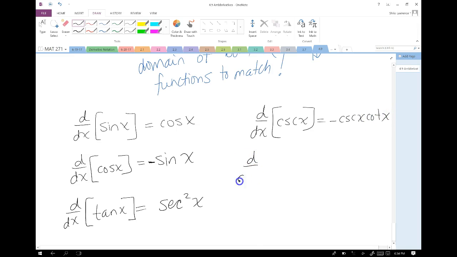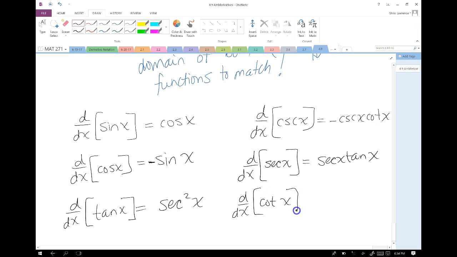The derivative for secant is secant x tangent x. And then the derivative for cotangent x is negative cosecant squared x.